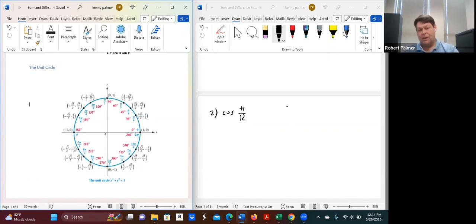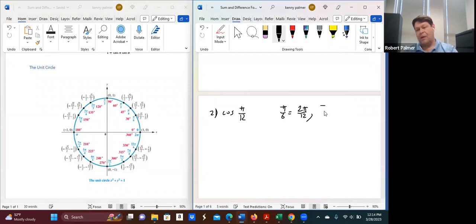And so what we have then is pi over 6 is the same as 2 pi over 12. Pi over 4 is the same as 3 pi over 12. Then pi over 3 is the same as 4 pi over 12. Now, if we look at those three angles in terms of the denominator of 12, the same denominator as this, we can see that if we do pi over 3 minus pi over 4, that will give us the result we want.